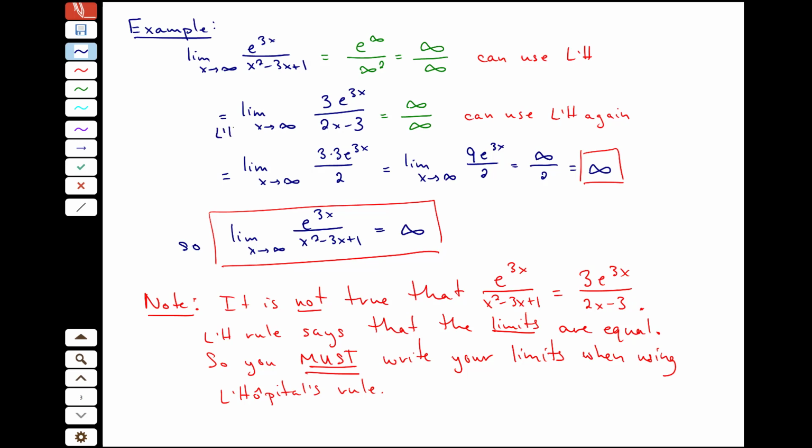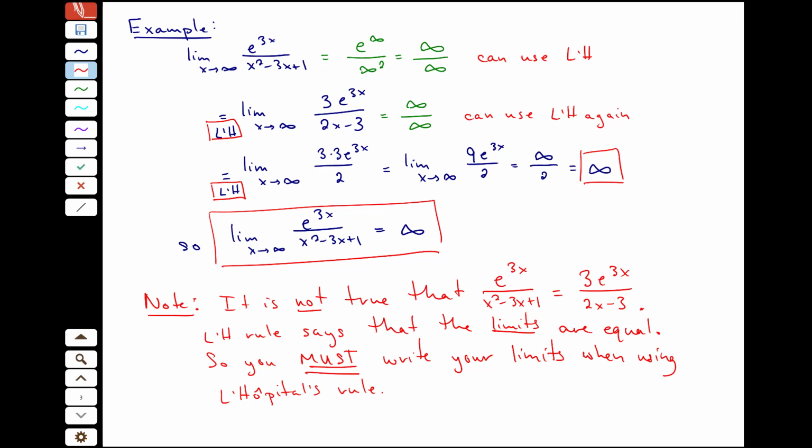So typically, we write a little L'H to go with the equal sign when we are using L'Hopital's rule, in order for your reader to be able to say, oh, we are not equating these two functions. We're using this powerful theorem that equates the limits.